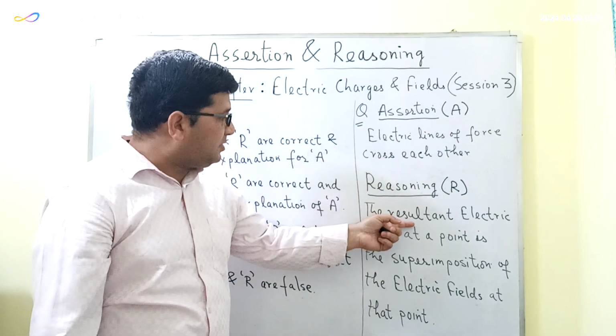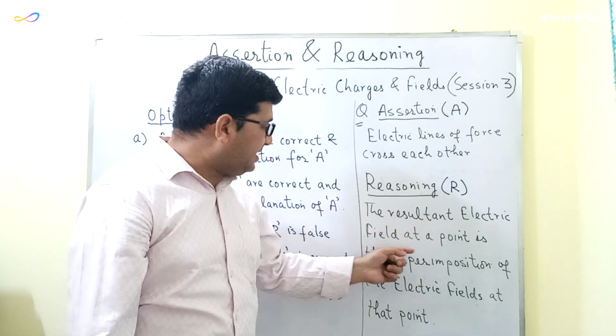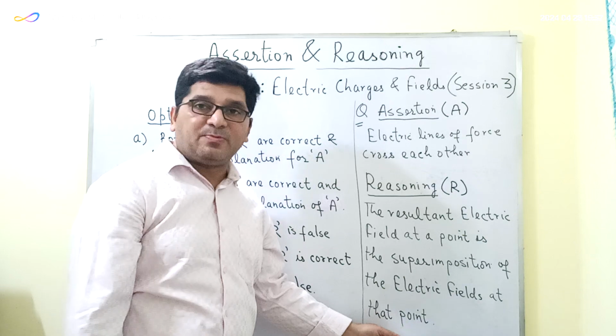Now let us come to the second point, the reasoning. In the reasoning, it is written that the resultant electric field at a point is a superimposition of the electric fields at that point.